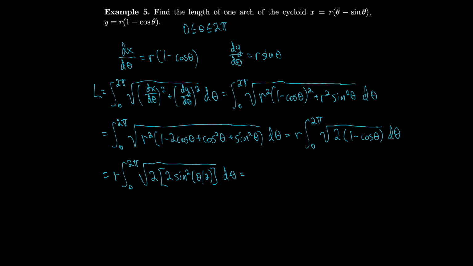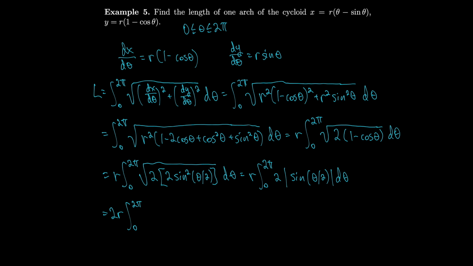So that's equal to r times the integral from 0 to 2 pi of 2 times the absolute value of sine of theta over 2. However, we're looking at this only from 0 to 2 pi. So sine is positive, so we can get rid of our absolute value very easily.